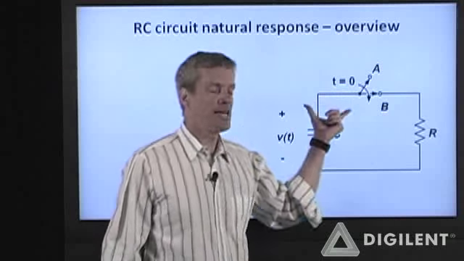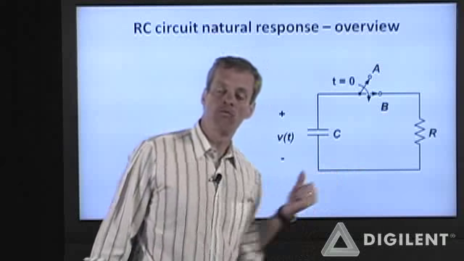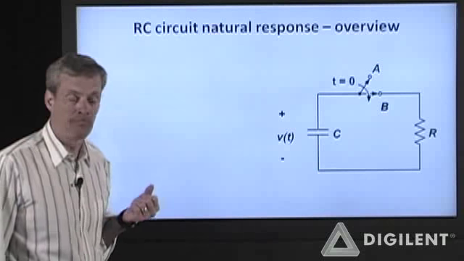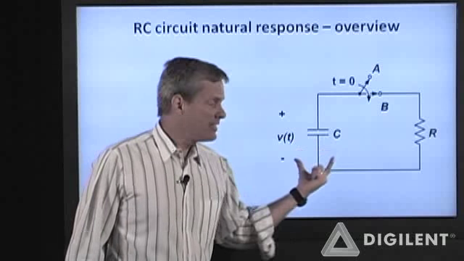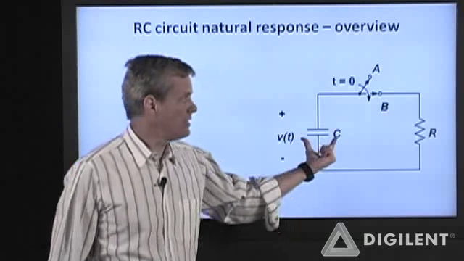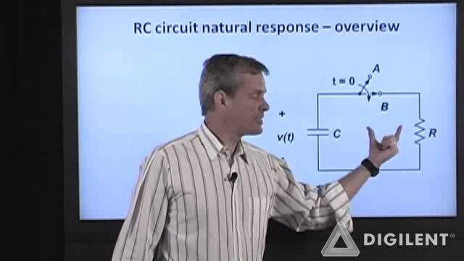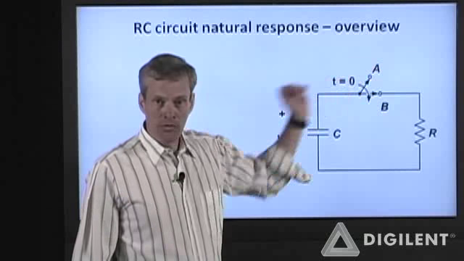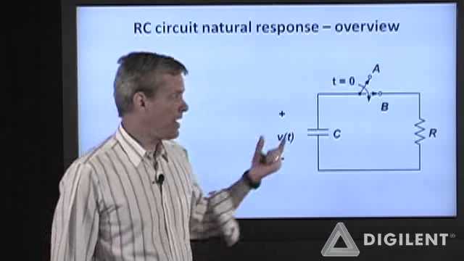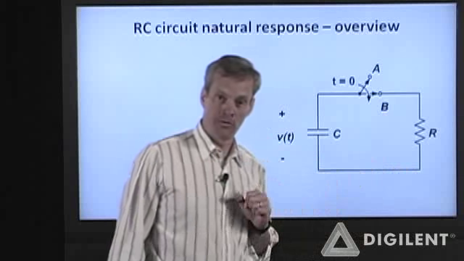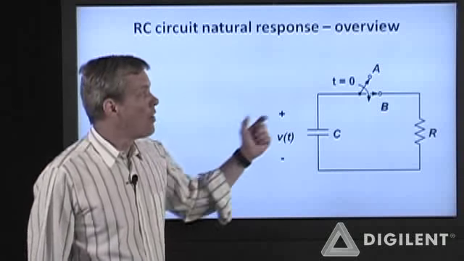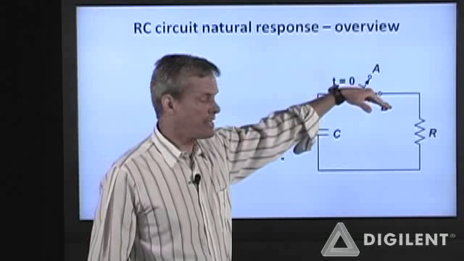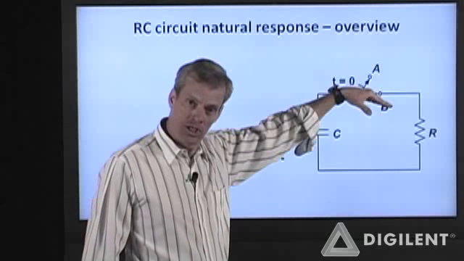I first want to just give a quick overview of what we can expect out of this problem. The way we've set this up is we have a capacitor here with some switch which connects it to a resistor. For times less than 0, this switch is open. There is no current flowing through the resistor from the capacitor. When time t equals 0, we suddenly snap this switch shut.